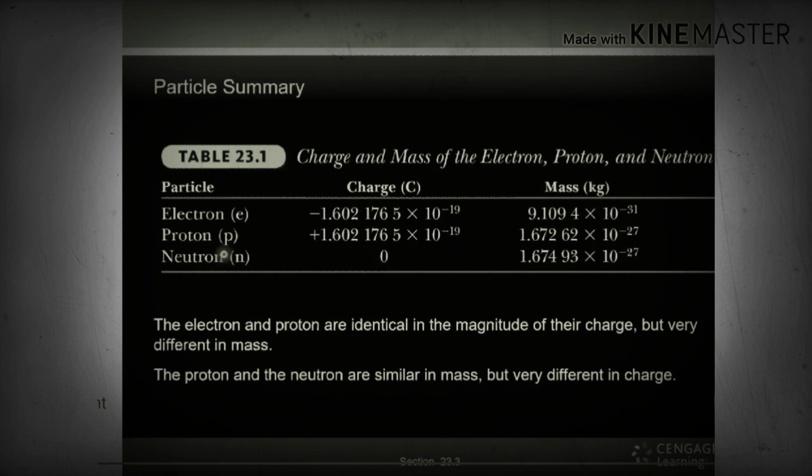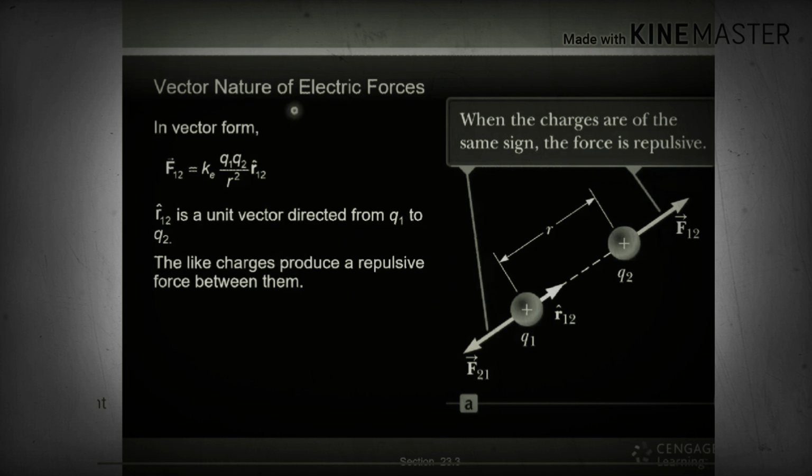Atomic nucleus. I think you should be able to know that if you've learned this. Now the vector nature of electric forces: into that Coulomb's law in vector form, Coulomb's law can be written as something like that. Let me show you a picture. This is charge Q1, and this is charge Q2.